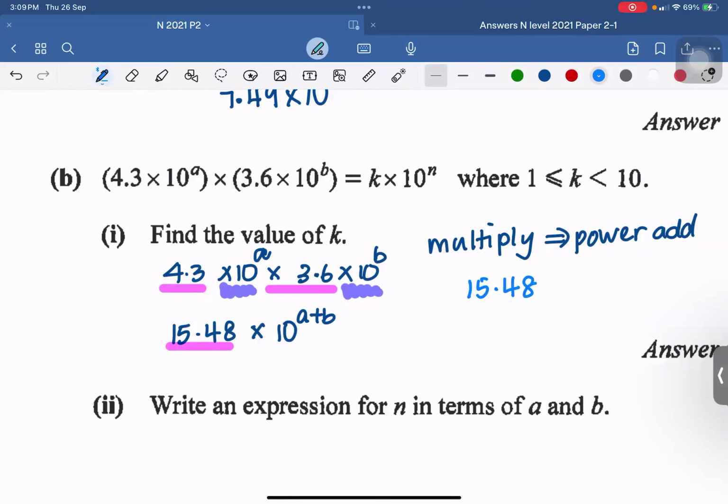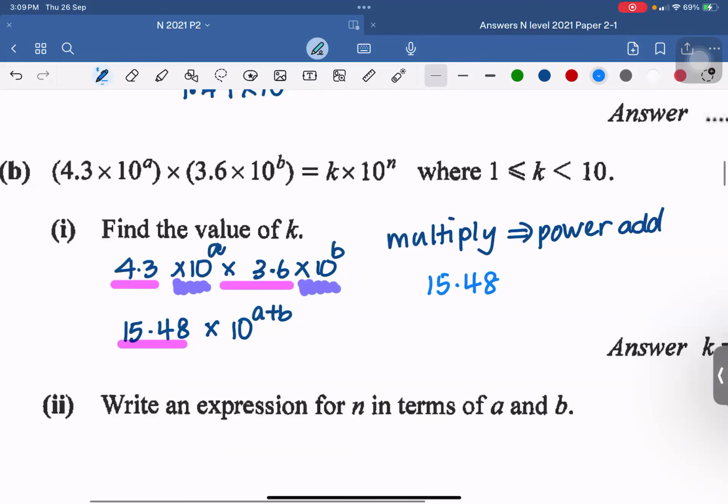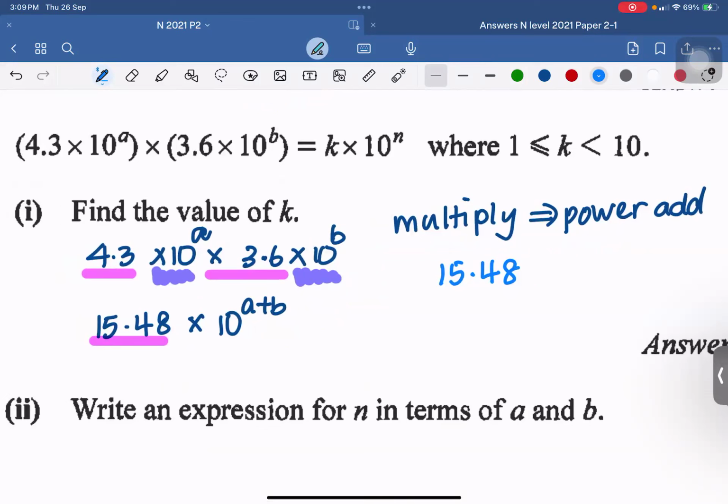Where should I shift the decimal place to? 1.548, correct? Then I need to shift the decimal place how many times? One time, correct? So it's times 10 to the power of 1.